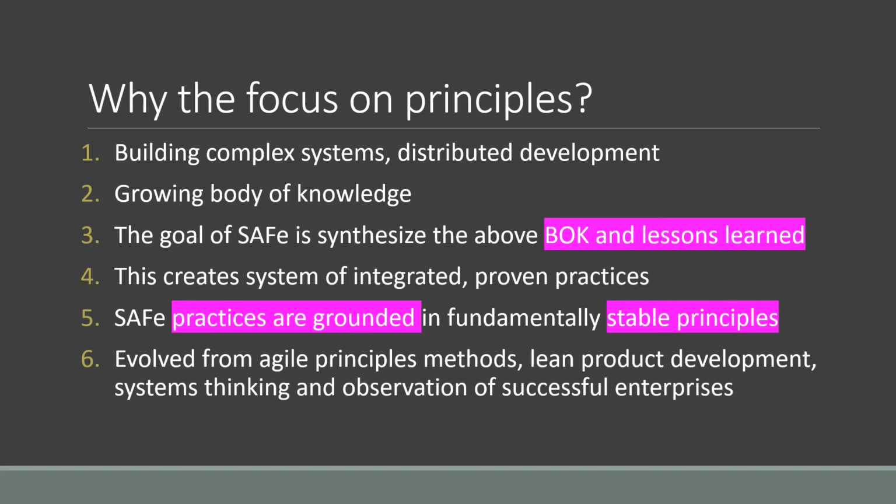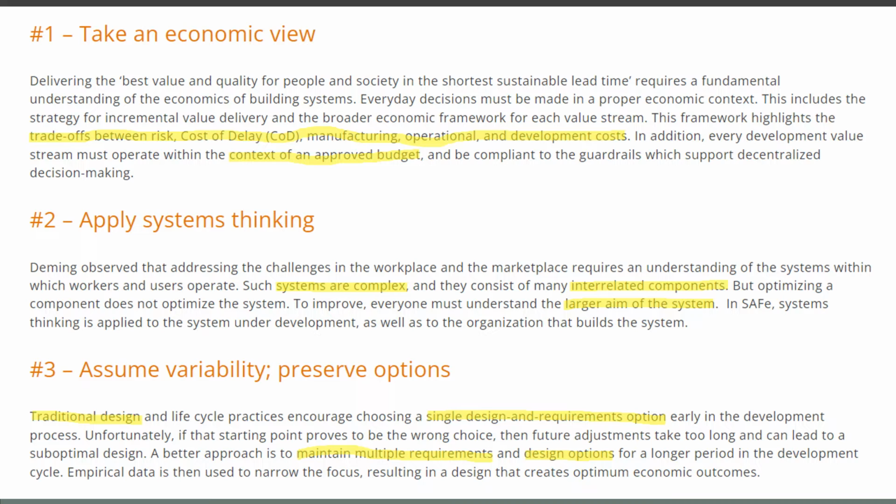So SAFE principles evolved from agile, from lean thinking, lean product development methods, systems thinking, and from the lessons learned. That is the reason SAFE is focused on immutable principles. We'll go one by one.